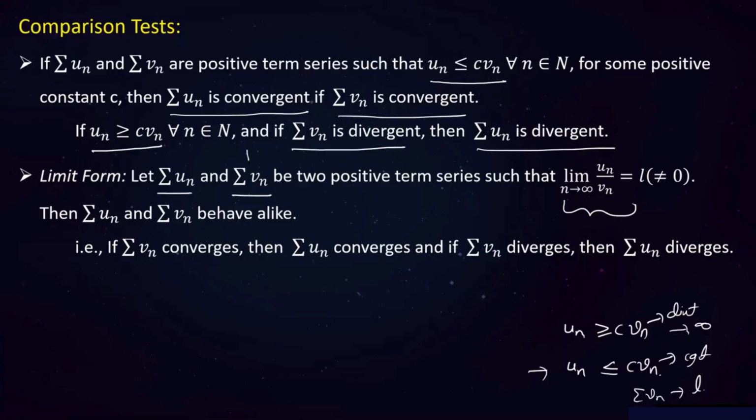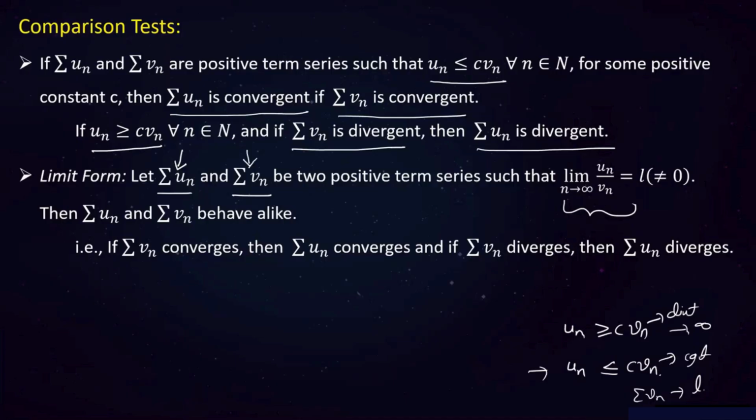You are actually choosing one series whose convergence is already known to you, right? Here, this summation vn, we call it the auxiliary series whose convergence is already known to you. Now, to identify the convergence of this other series summation un, we are using this summation vn. In the process, we define the limit n tends to infinity un by vn.